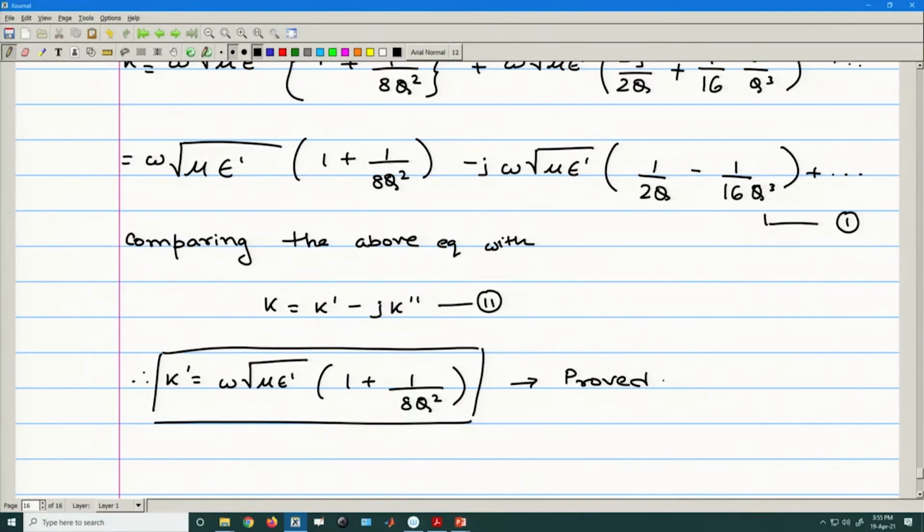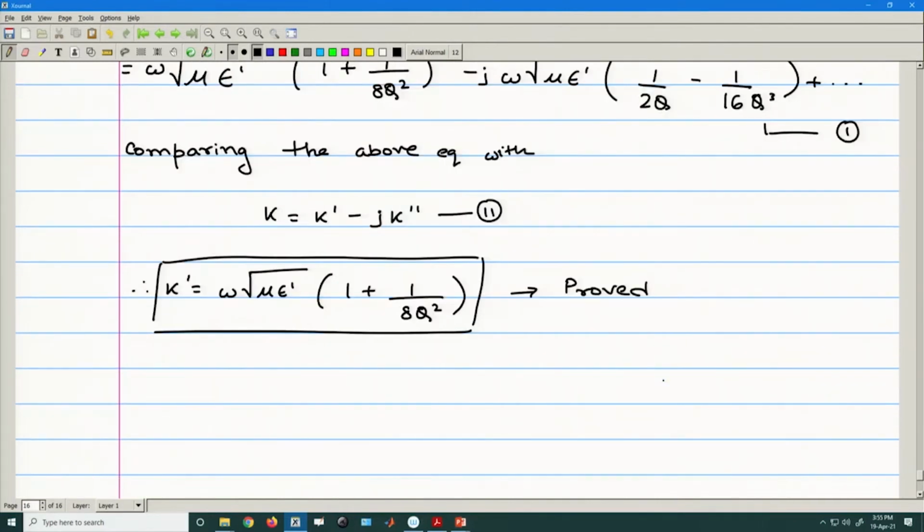And for k double prime we will take the imaginary part, so k double prime we will get omega root under mu epsilon prime times 1 by 2q minus 1 by 16 q cube.